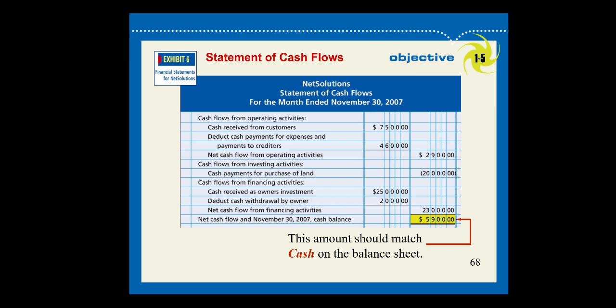But basically, this is the format of the statement of cash flow. It shows how much cash goes in, how much cash goes out during the accounting year. So in this example, you can see, hopefully, cash payment, cash receipt.